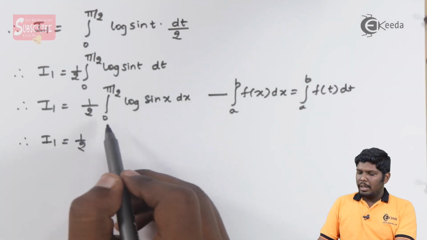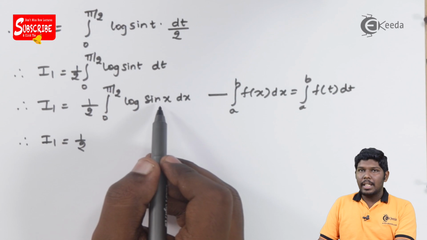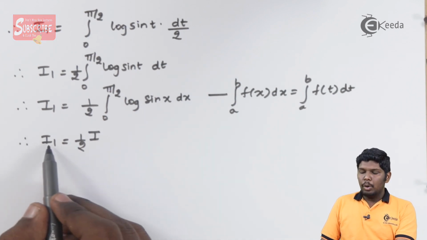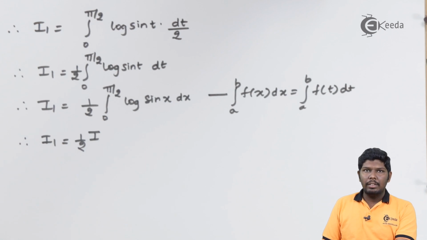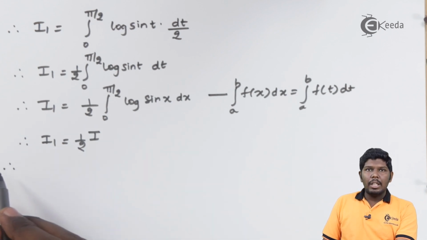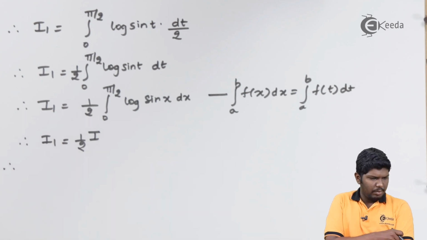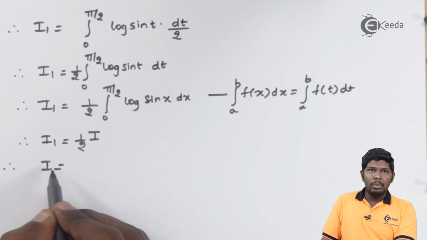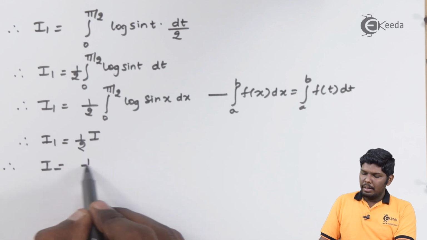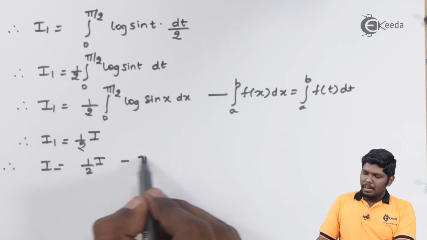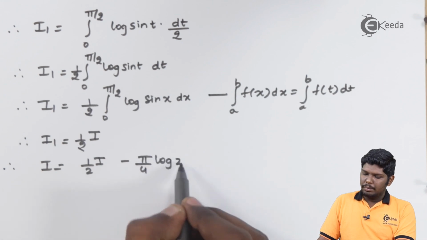In the previous video, we have seen 0 to pi by 2 log of sin x. We have directly considered it as I. So let us substitute the value of I1 in equation number 1. Our equation number 1 was I is equal to I1 is half I minus pi by 4 log 2.